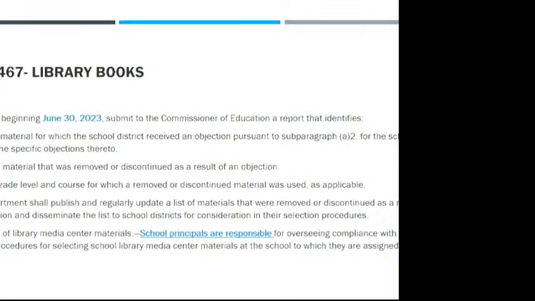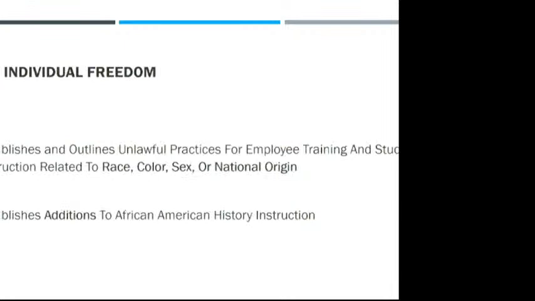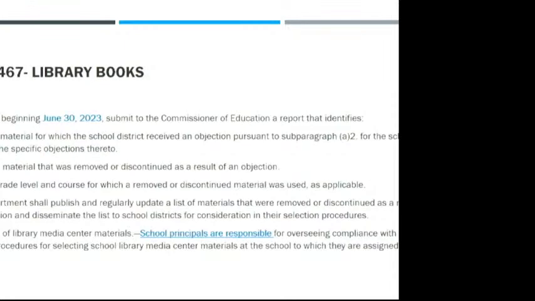Did we remove any? And then they're going to produce a list for the public. In addition, it emphasizes that school principals are responsible for overseeing compliance of this. That is the extent of 1467.